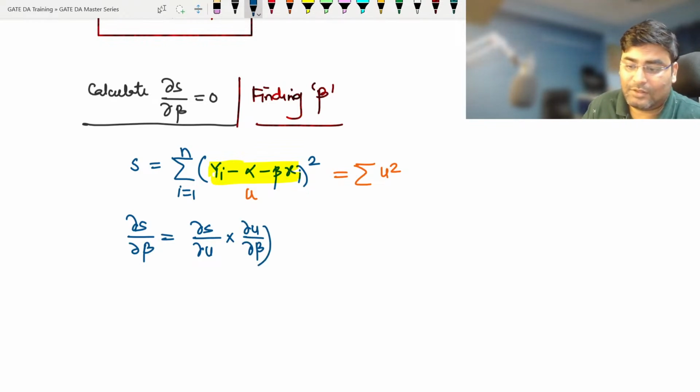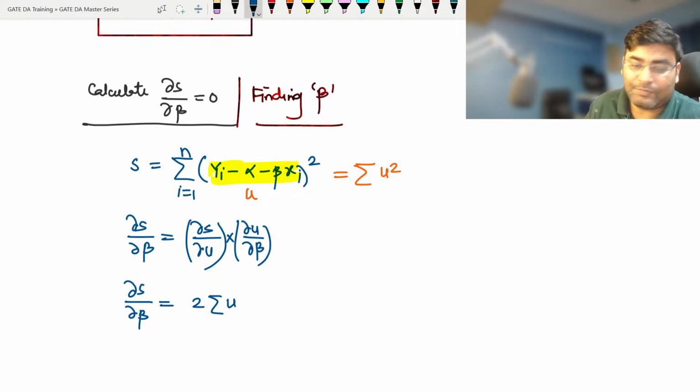Listen to it, guys, come on. That's how chain rule works. So del S by del beta can be written as 2 times sigma u, right? Correct? And then it will be del u by del beta.